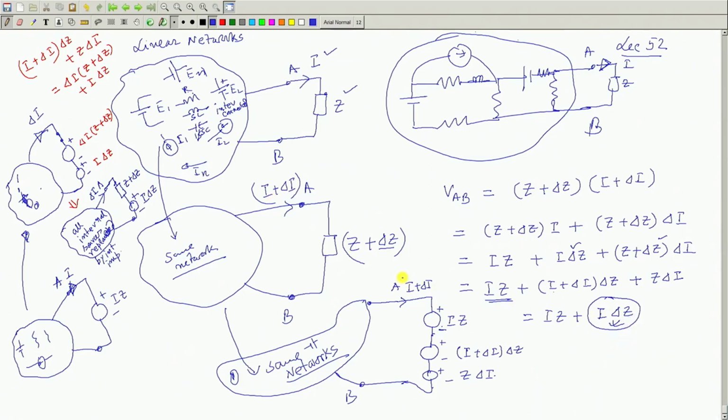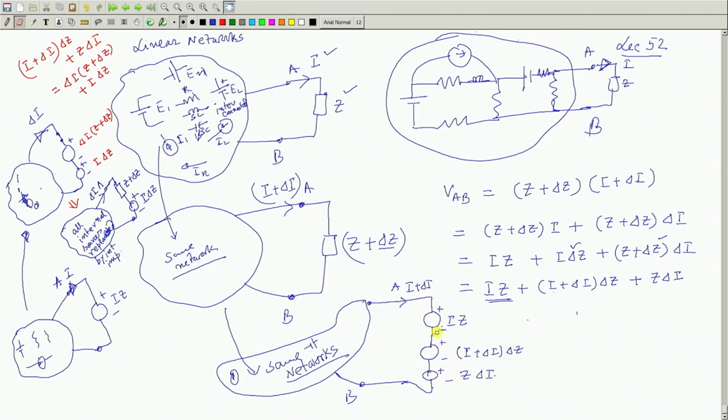Therefore, I can represent it as three batteries, three voltage sources, one with I Z, another with I plus delta I into delta Z, and so on. So this is I Z, I plus delta I delta Z, and this one you do not write. This one I have done like this, I can do it like this, I Z.